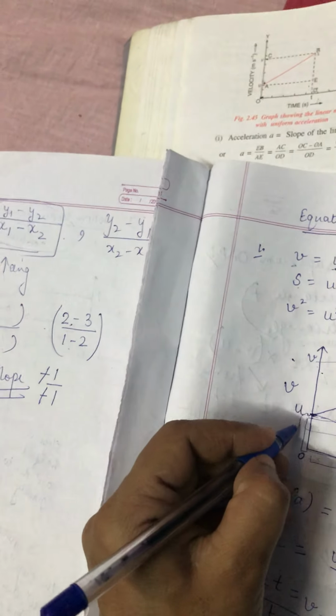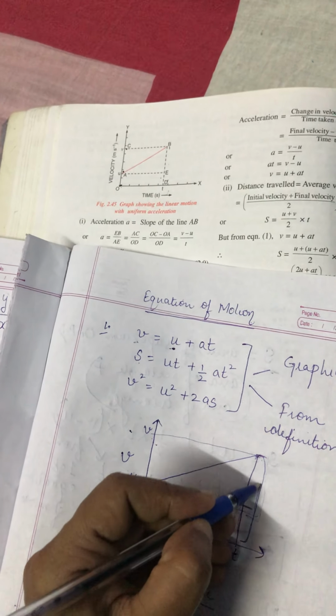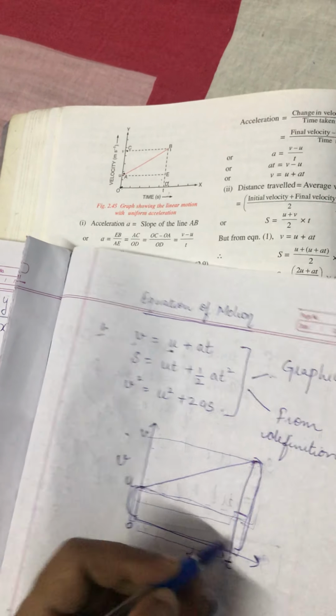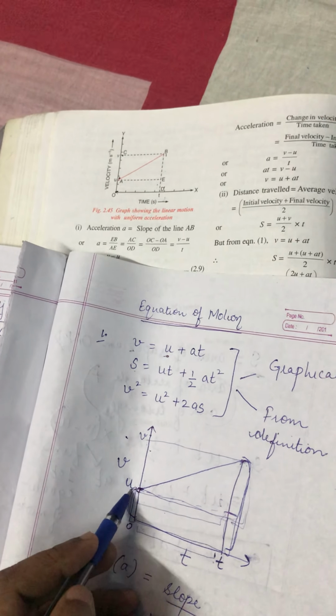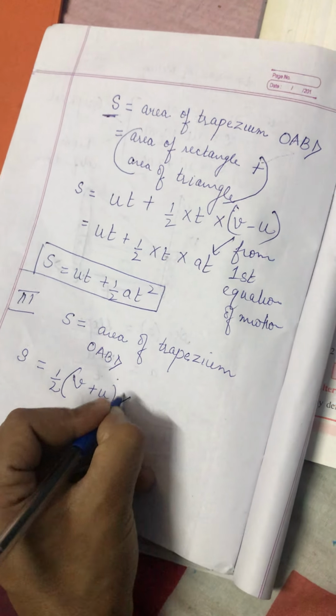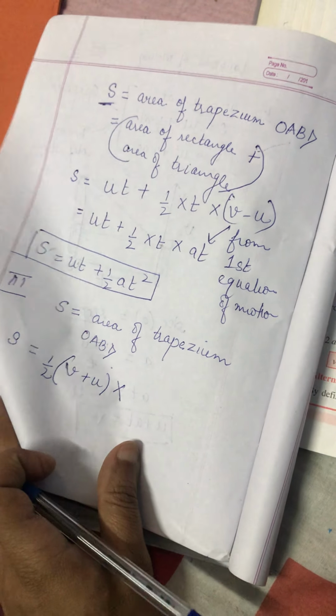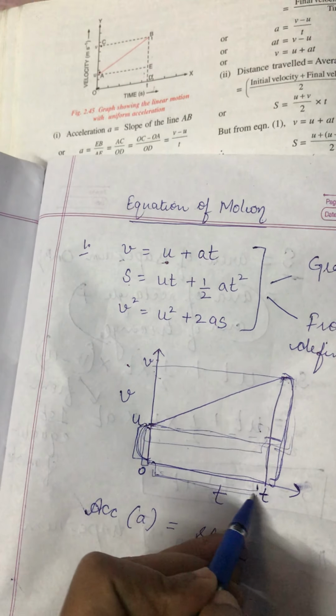Parallel sides are this plus this. How much is this? This is v and this is u. So here I will write v plus u into what? Into height. So what is the height? This is the height in this case.